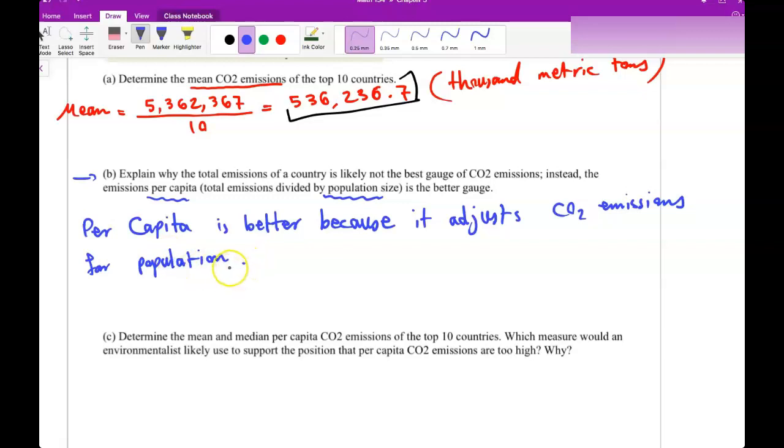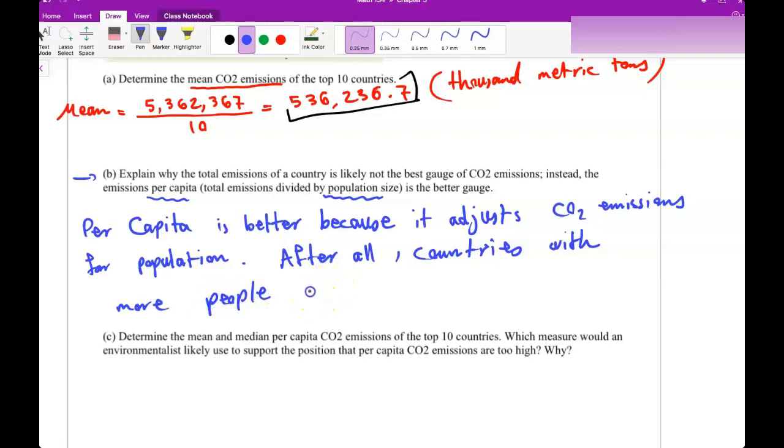So these emissions depend on population size. That's why this is a better choice. So countries with more people will have higher emissions.